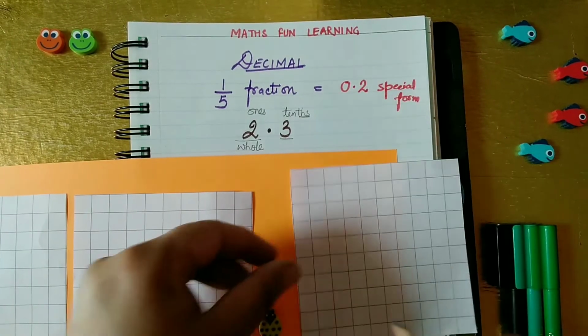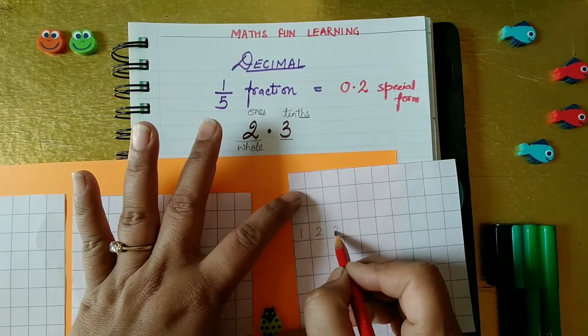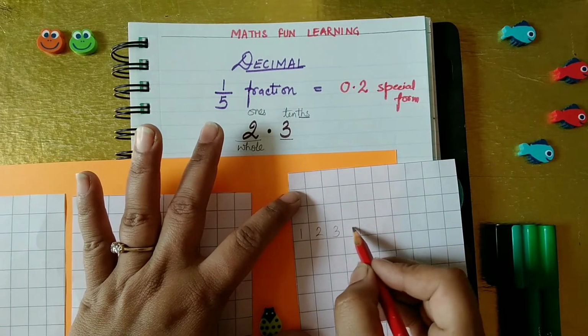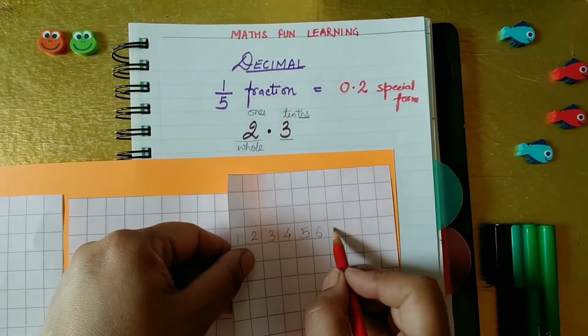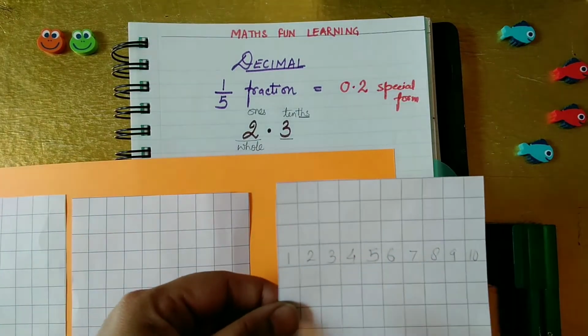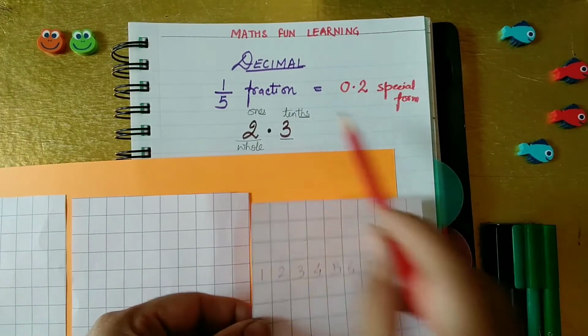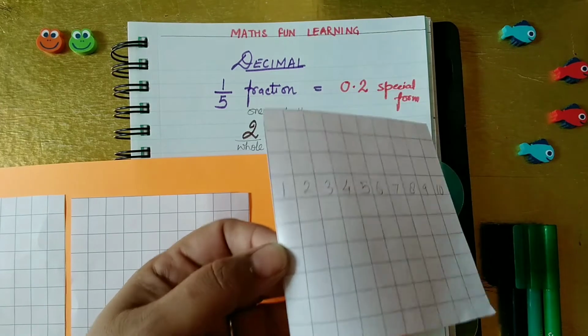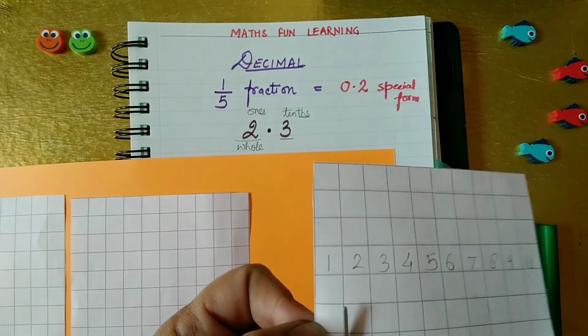Let me write the rods here. This is 1 rod, 2 rods, 3 rods longitudinally, 4, 5, 6, 7, 8, 9 and 10. Out of 10 rods, we need only 3. That's why it is called tenths. Let me show you how. I'll just cut one rod.